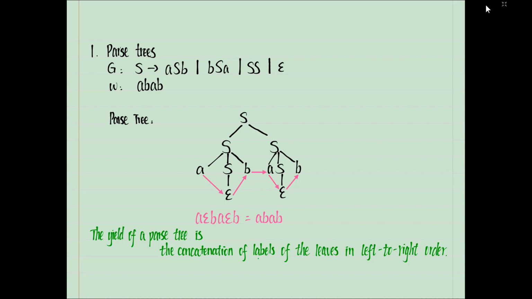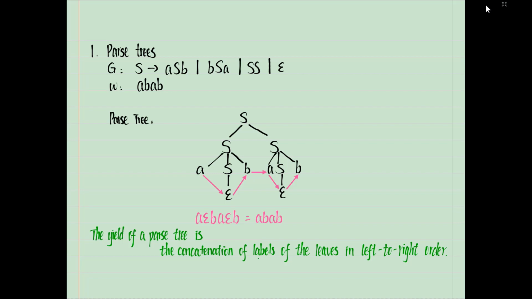The root node is S. And it has 2 children nodes, S and S. This corresponds to the rule S to SS in the grammar. And for the left child, it has 3 children nodes, a, S, and b. And as I said before, if we see such a substructure, that means there is a rule S to aSb in the grammar.